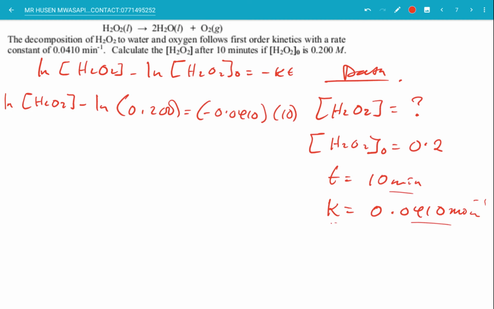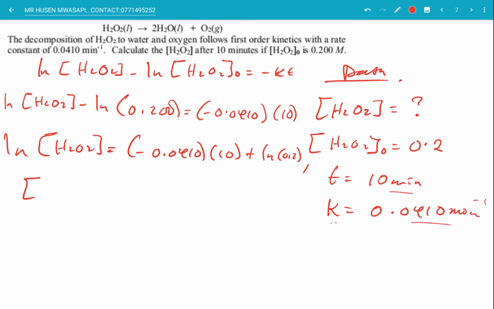So if you work this out, ln of H2O2 is equal to minus 0.0410 times 10 plus ln of 0.2. And if you compute this, you have the concentration of H2O2 to be equal to 0.132 molarity.